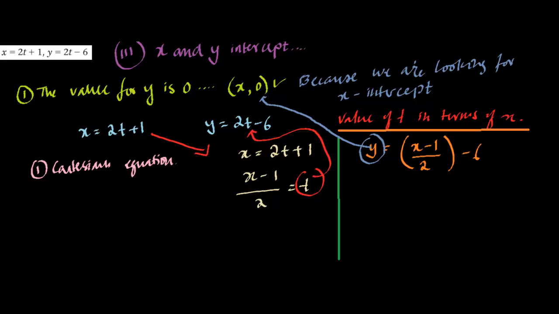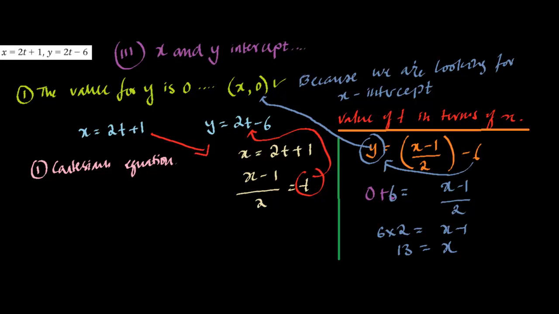So that just means we have 0, 0 plus 6, because the 6 will move on to here and it will become a plus, because y plus 6 is equal to (x minus 1) over 2 minus 6 plus 6, and that means the 6 will cancel out. So 6 over here is equal to (x minus 1) over 2. So 6 times 2 is equal to x minus 1. 13 is equal to x.